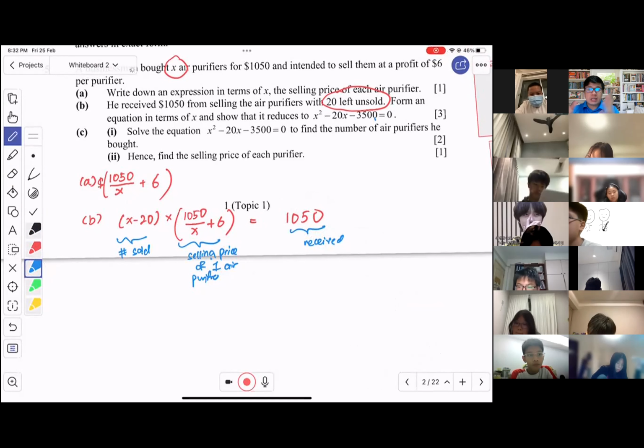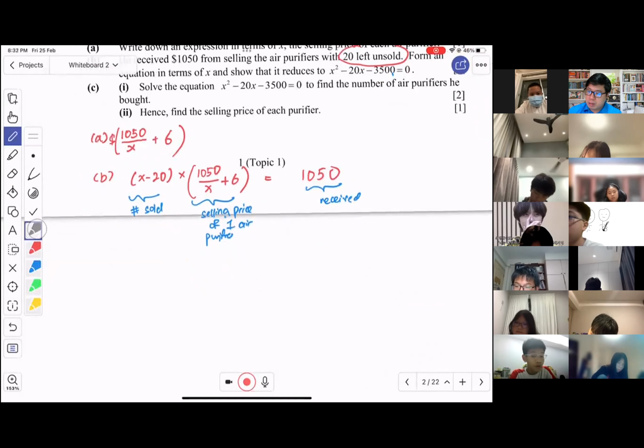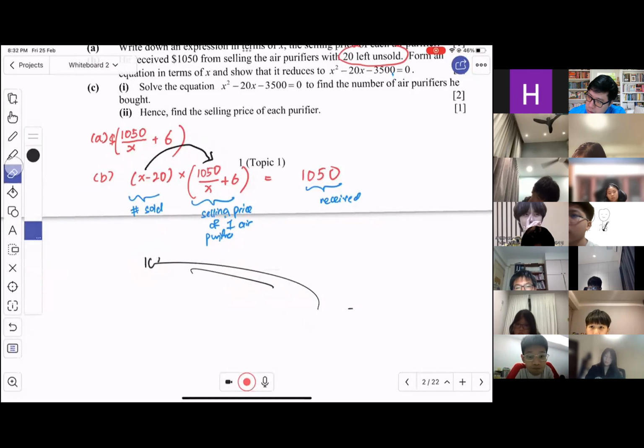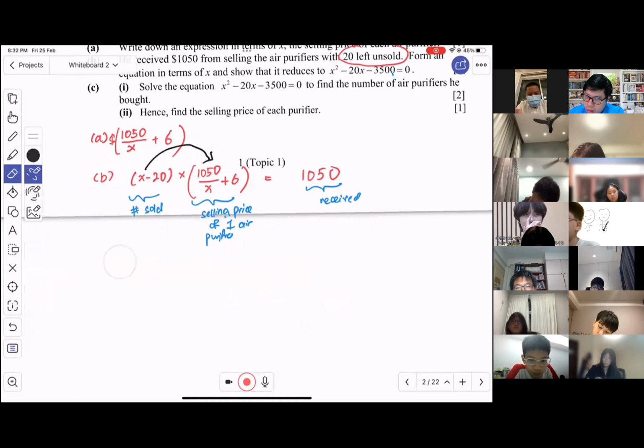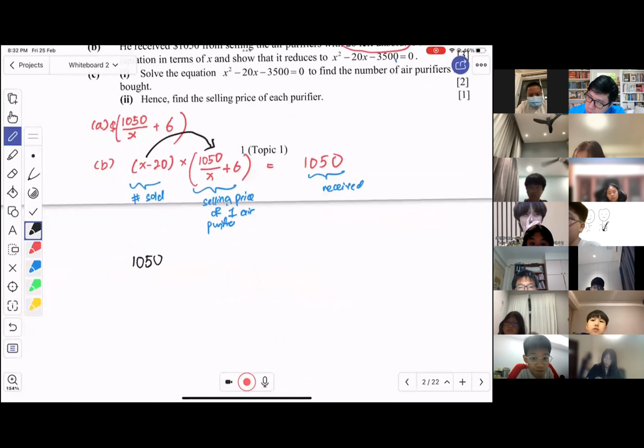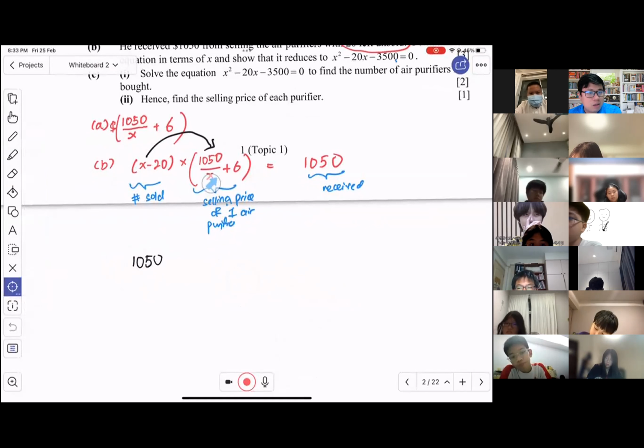So what do I do next? I will just go and multiply. This one looks a bit disgusting, but I still can do X times this one. This will give me 1050, the one in black arrow, because the X and the X cancel.